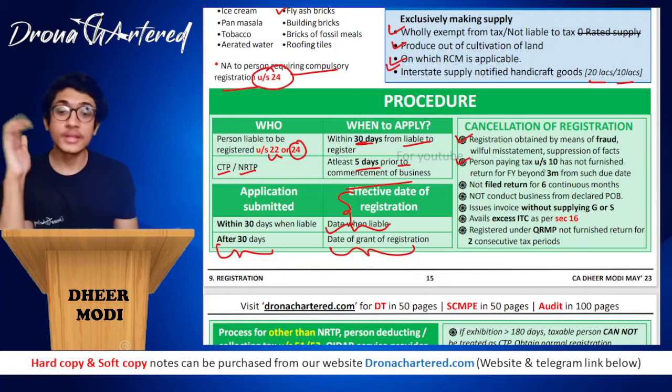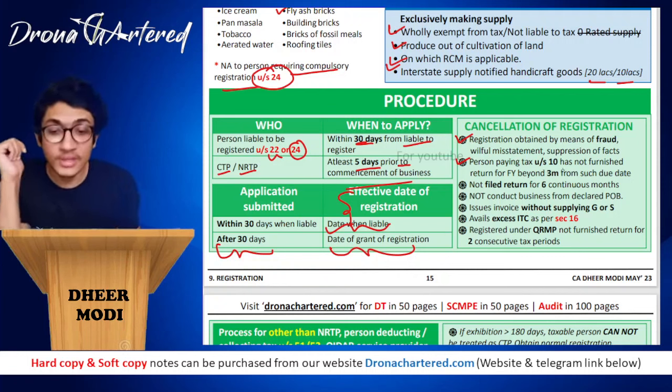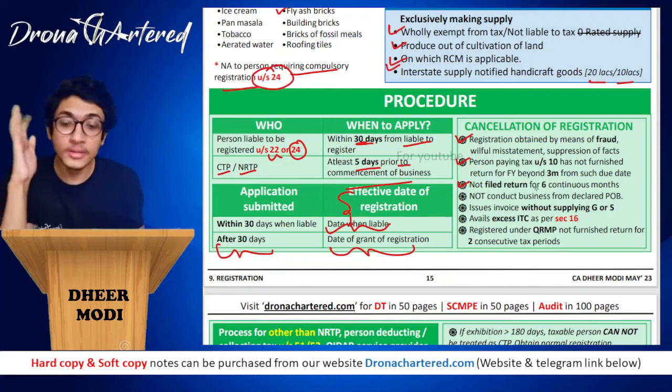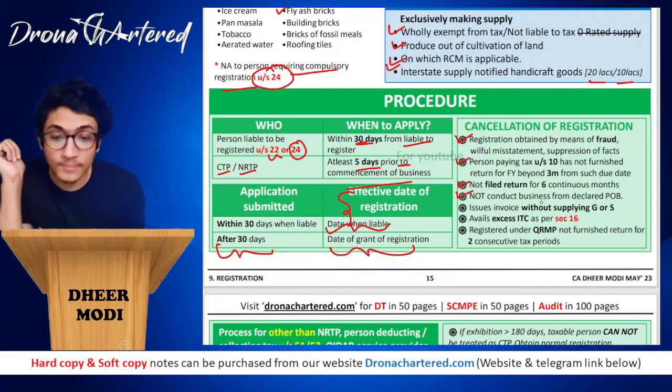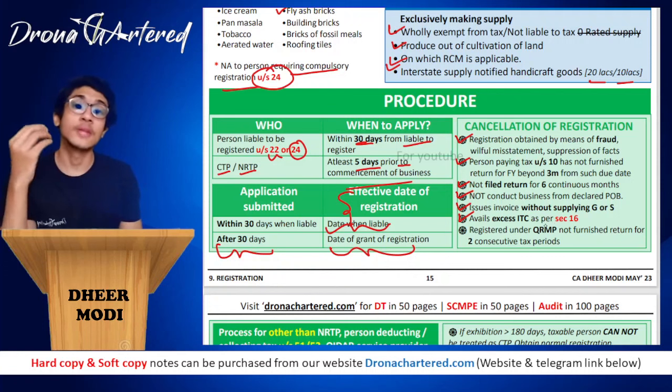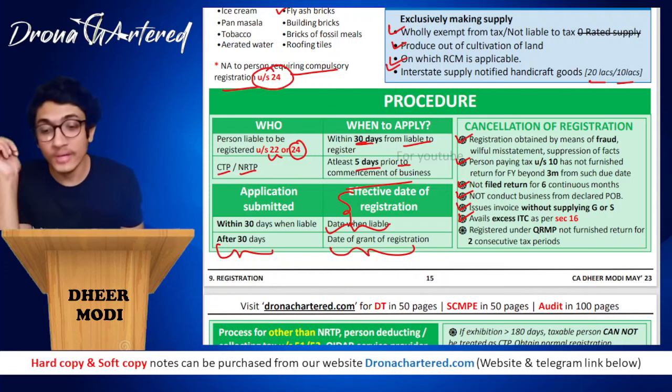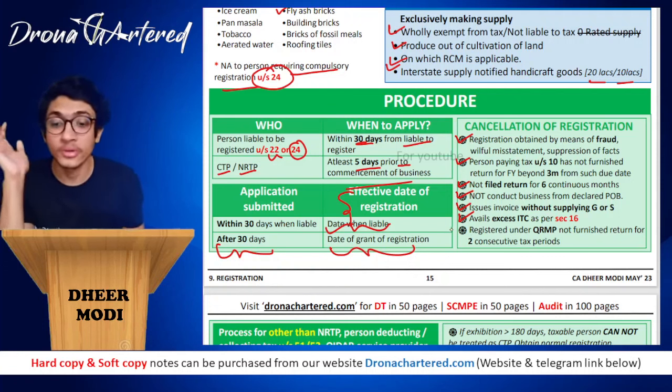If they do not file return for 6 continuous months, do not conduct business from declared place of business, or issue invoices without supplying goods or services, these are basically your fictitious invoices. Or avail excess ITC as per section 16, ITC which is not allowed, for example, for any personal purpose, etc.